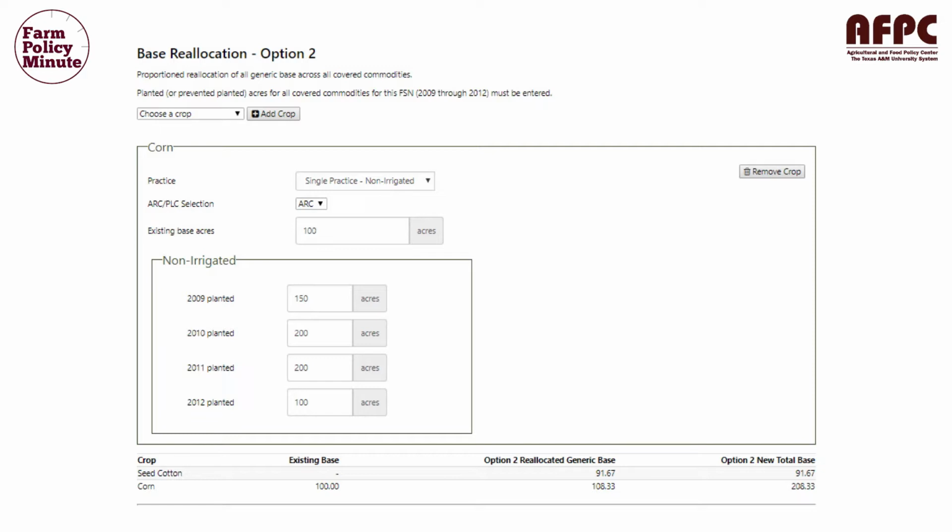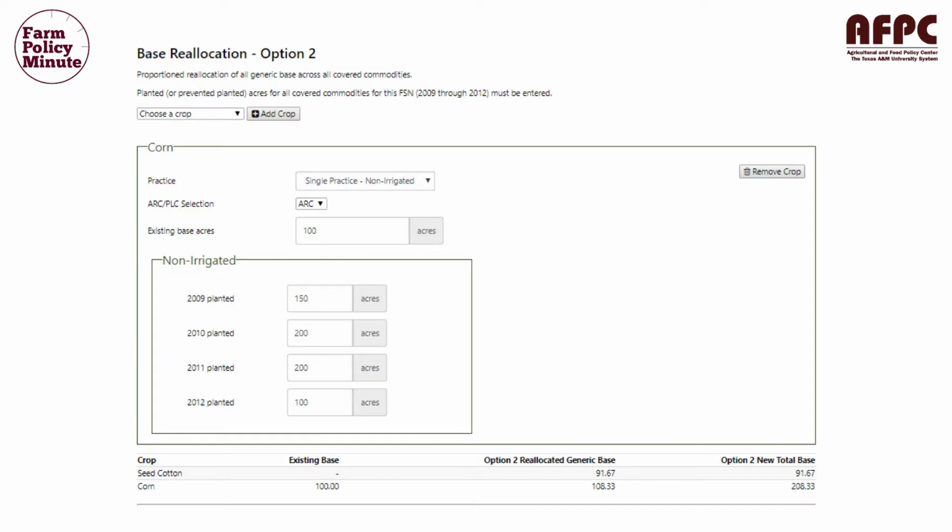Once you've done that, across the bottom it shows you. Remember, generic base was 200. That's going to be reassigned somehow. And then existing base of corn was 100. So when you go to the middle set of numbers, based on what was planted over that time period, the ratio of it was 91.67% of it was into... I'm sorry, about half of it was in seed cotton, and a little bit more than the other half was in corn.